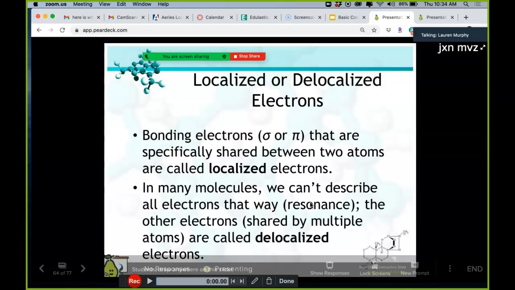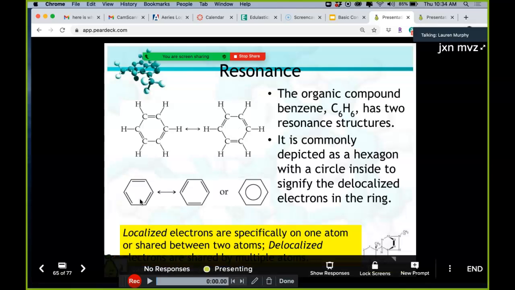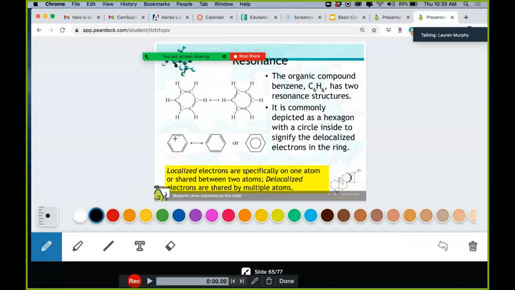So these electrons with resonance are called delocalized electrons. What that means is they have the ability to be kind of shared evenly throughout the molecule by multiple atoms. So if you see this guy's name is benzene, and they often draw benzene like this with a circle around it, meaning instead of assigning the electrons to specific carbon-carbon atoms, that could be done a different way.